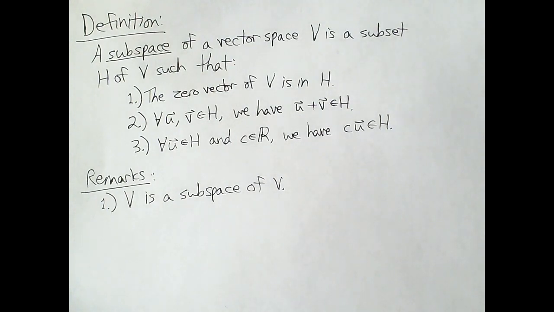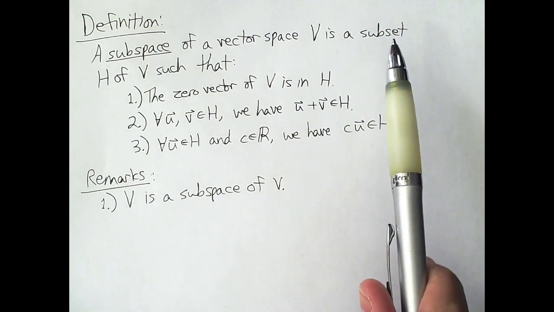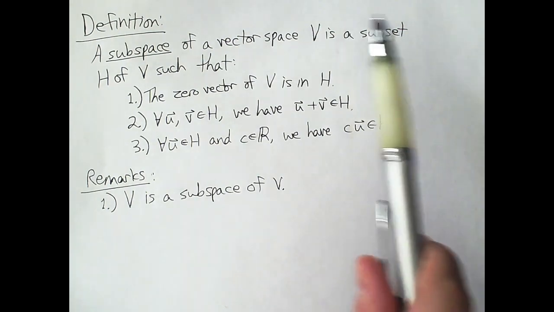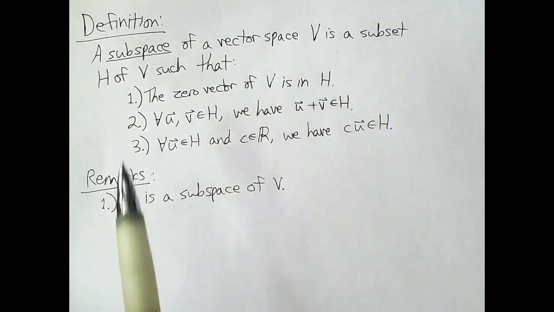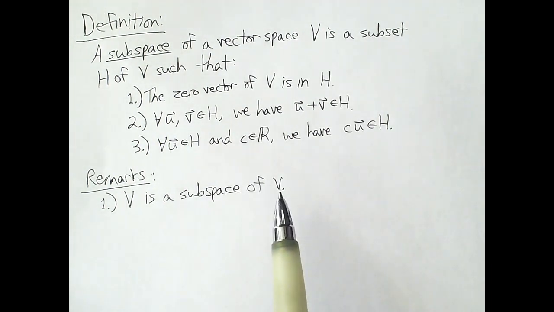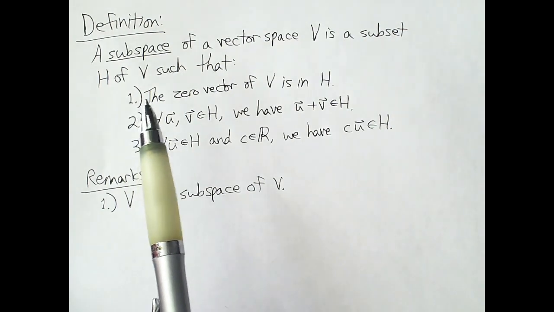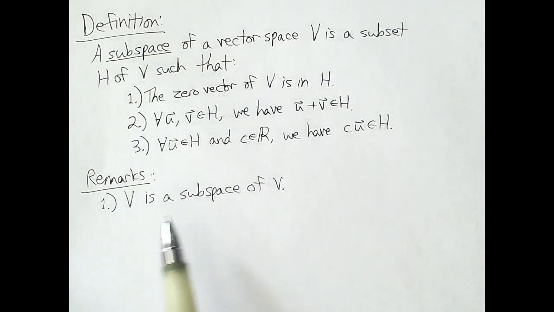Every set is a subset of itself, so V is a subset of V by definition of subset. It does contain the zero vector, and it does have these properties.